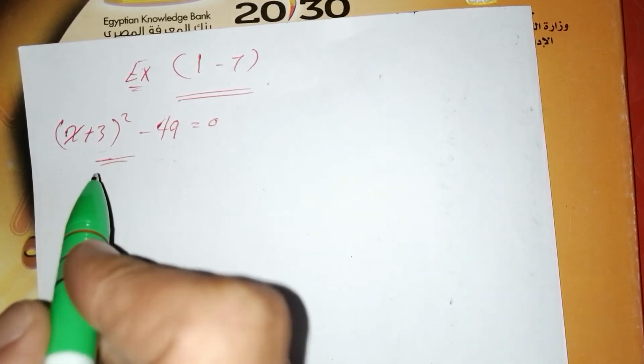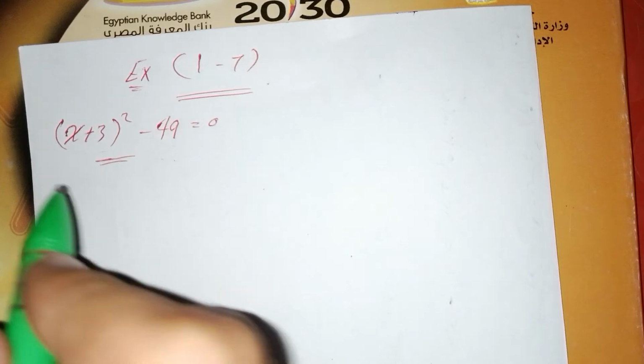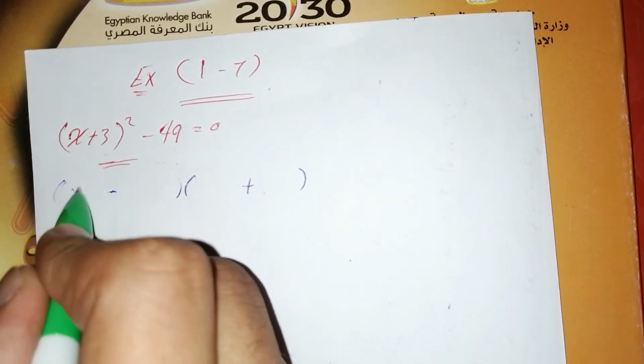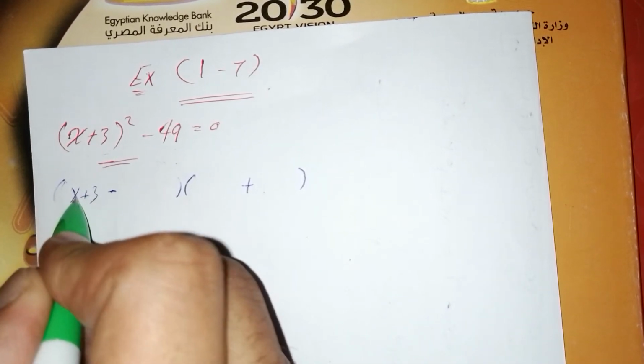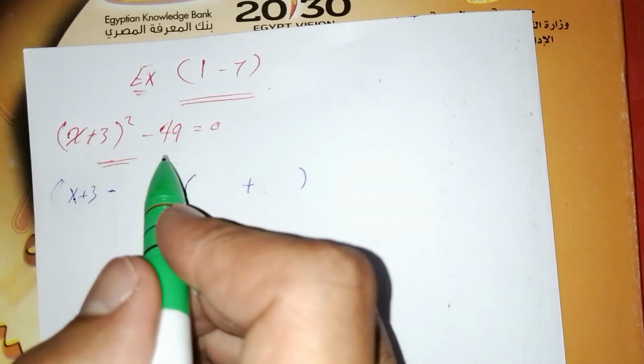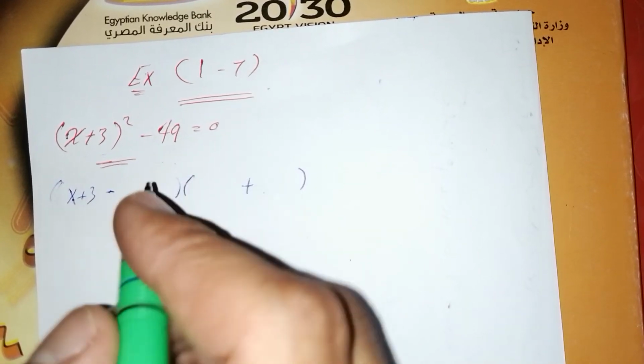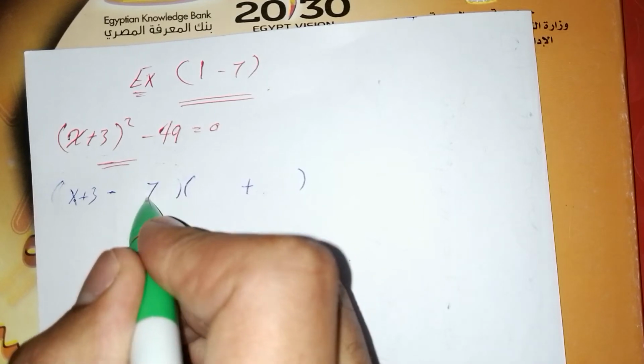How to factorize the difference between two squares? It's two brackets. One of them is minus and the other is positive. The first term is x plus 3 all power 2, so we can cancel power 2, so x plus 3. And the second term is 49. 49 is 7 by 7, 7 squared, so the second term is 7.